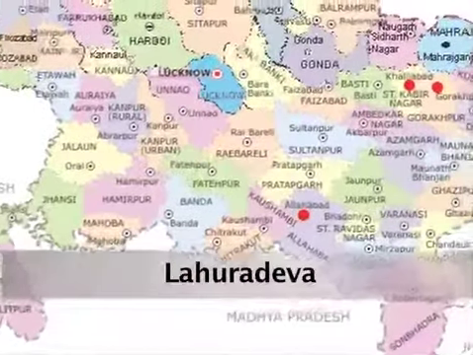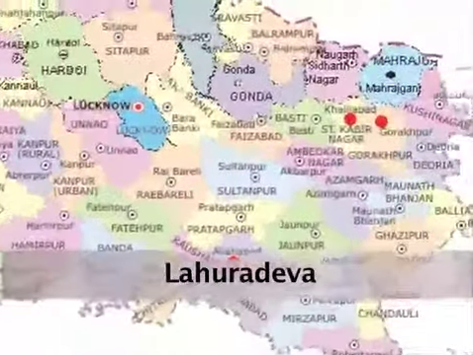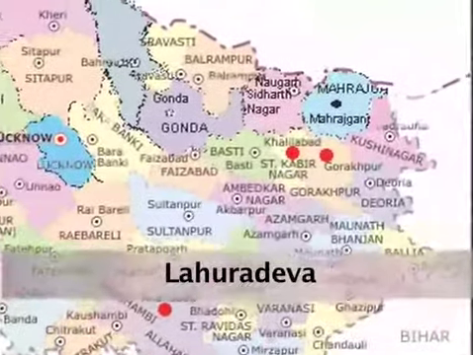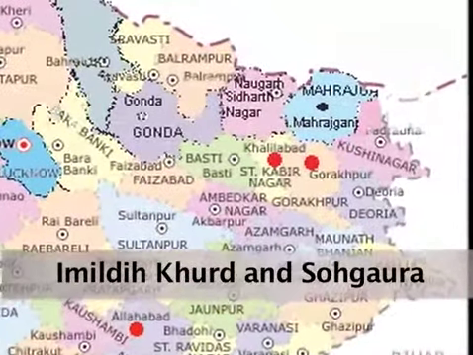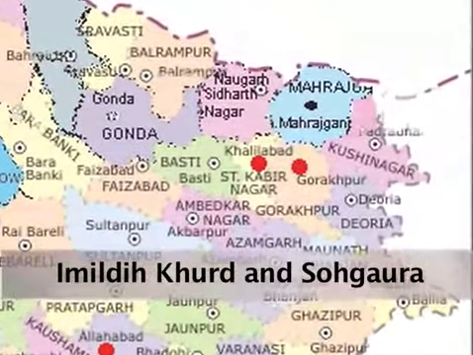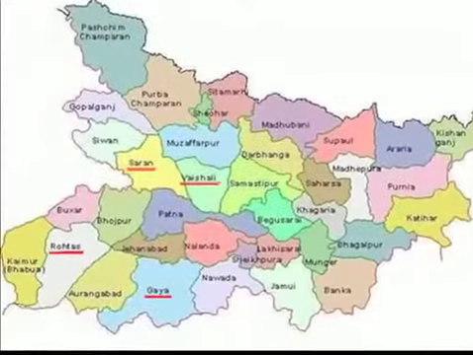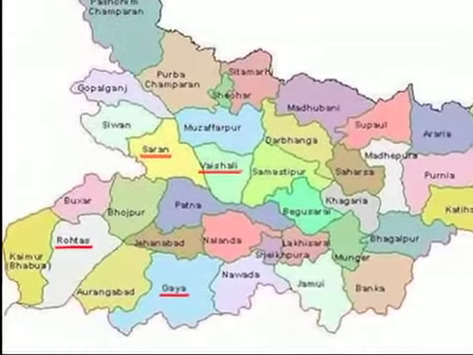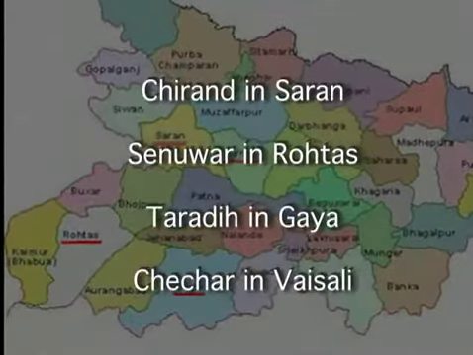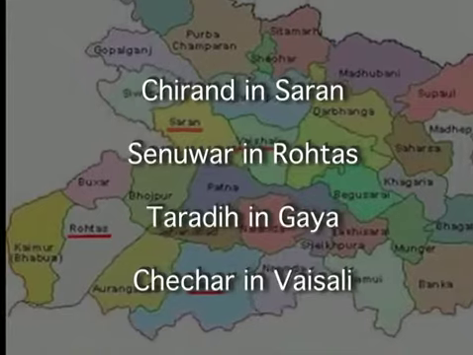Then Lahura Deva, very, very important site in Sant Kabir Nagar district. Then Imlidih Khurd and Sohgaura in Gorakhpur district. All of these are falling in Uttar Pradesh. And in Bihar, we are finding a lot of these sites. We have Chirand, Senuwar, Taradih and Chechar.